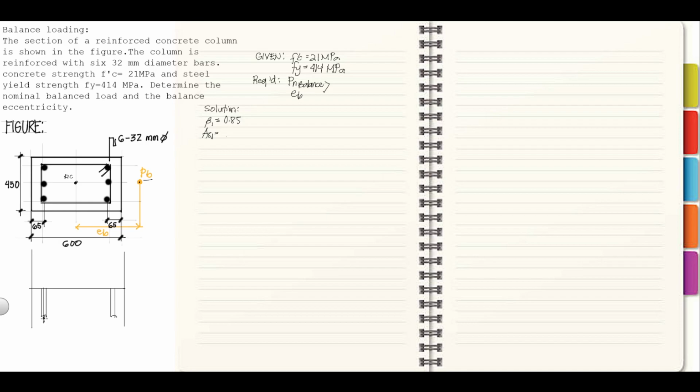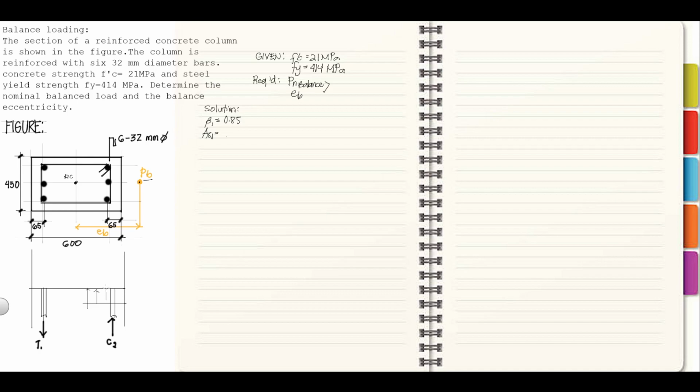Ito po yung magiging tension side. This is T1. And ito yung compression side. So this is C2. Ang magiging C1 natin, class, will be ito yung manggagaling dun sa concrete.